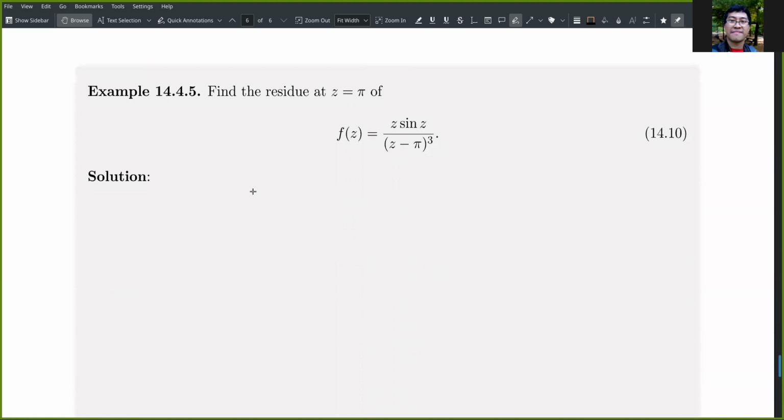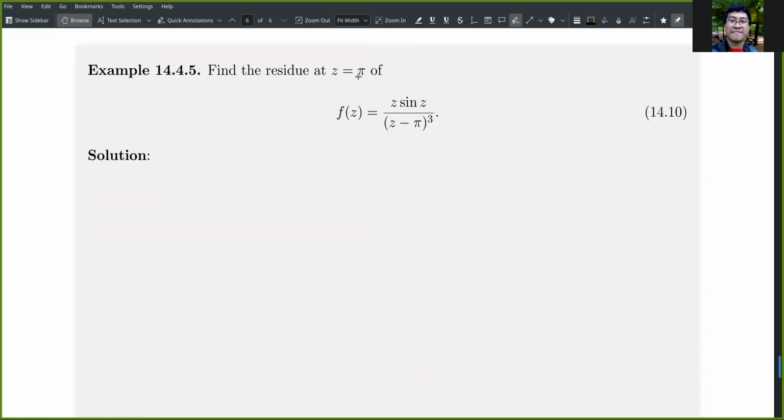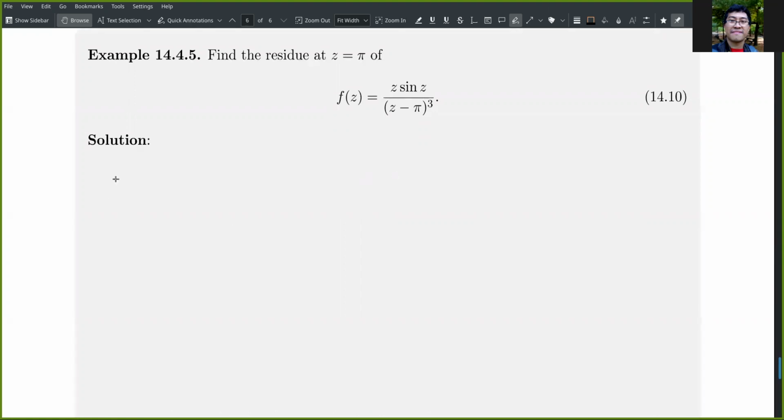For example, find the residue at z equals pi of f(z) equals z sine z divided by (z minus pi) cubed. So here we take m equals 3. By looking at it, we can easily think that 3 might be the order of the pole, so we use it.